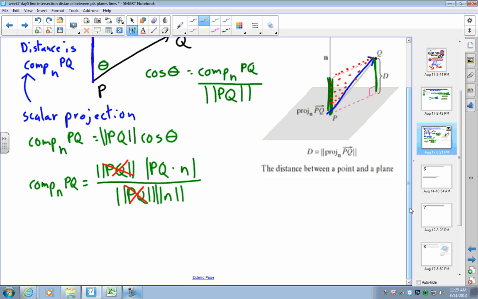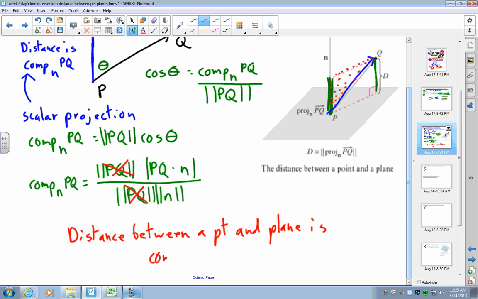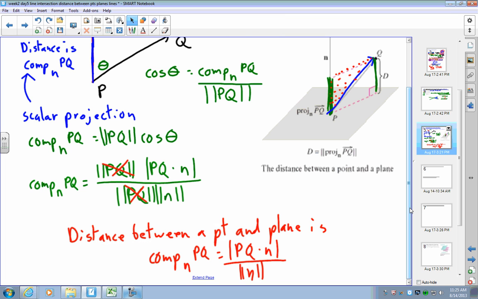And you're going to say the distance between a point and plane is the component of PQ on N, which is PQ dot N over the magnitude of N. Okay?